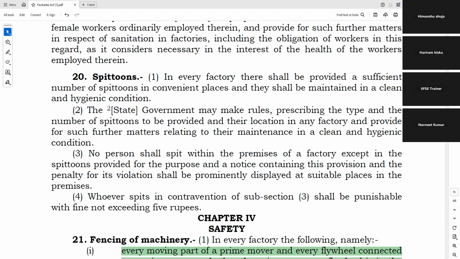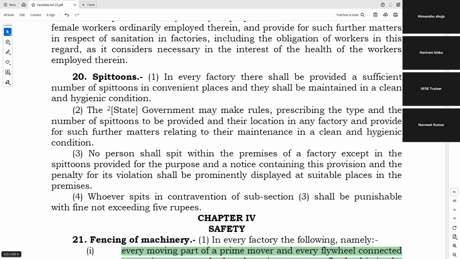Sir, one question from my side: how many urinals and latrines should be arranged for the workers, per person?